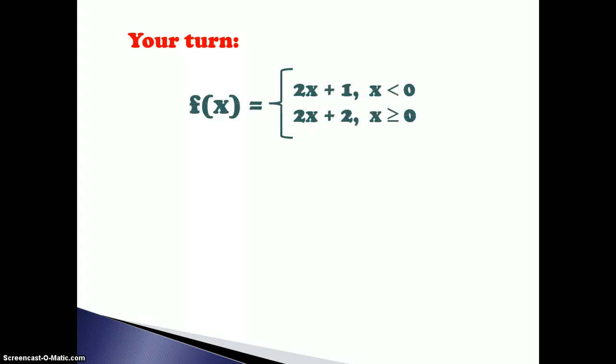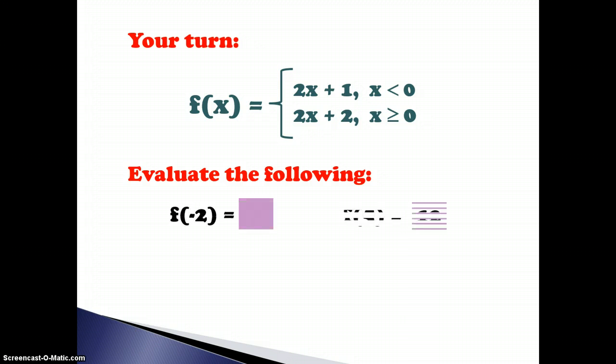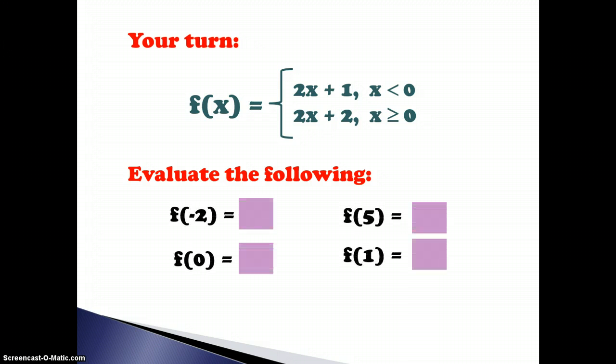Your turn. You're given this function, f of x is equal to 2x plus 1 when x is less than 0, and 2x plus 2 when x is greater than or equal to 0. Evaluate the following. Pause the video and calculate these. Hope you guys got a chance to try these.